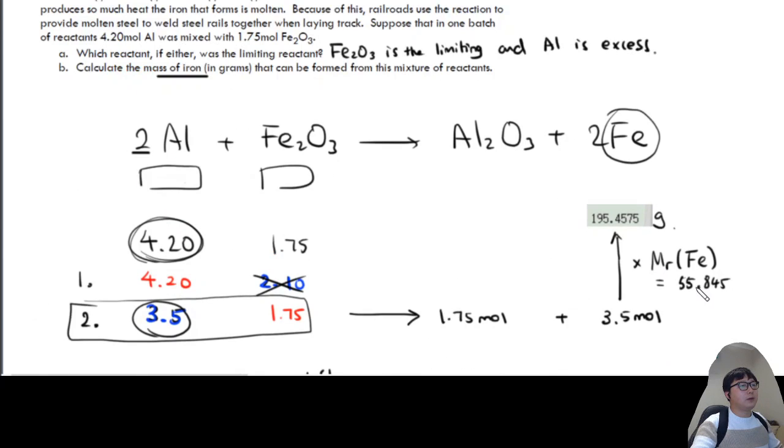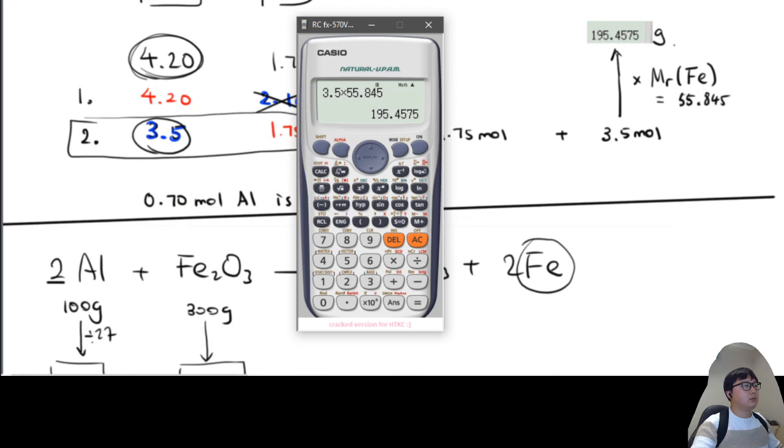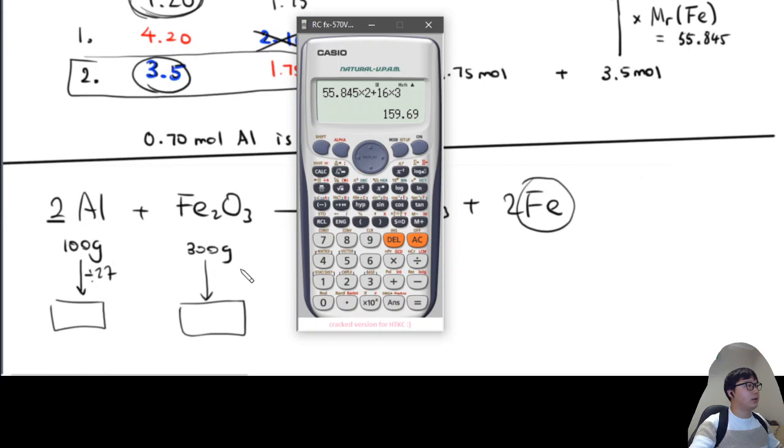Fe was 55.845. So 55.845 times 2, and then plus 16 times 3. So the molar mass of that is 159.7. Okay, so let's just say that that's 160.